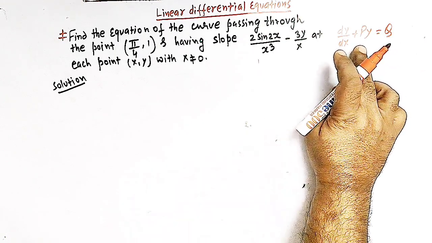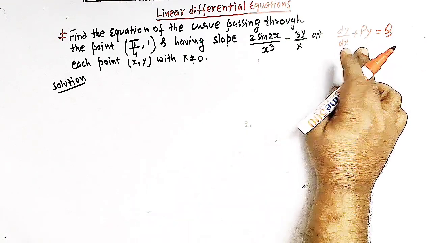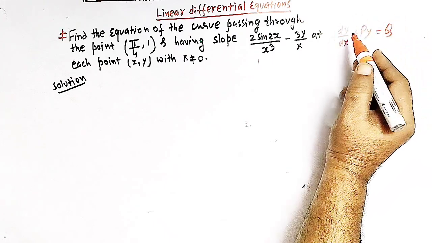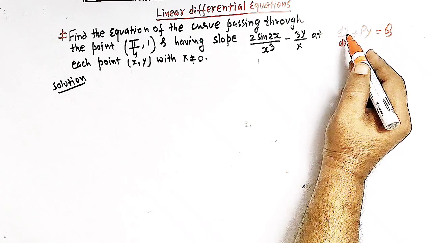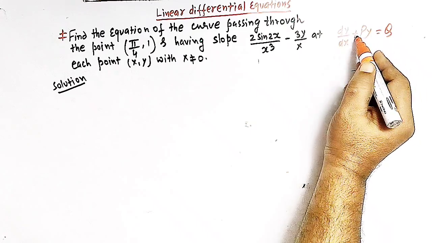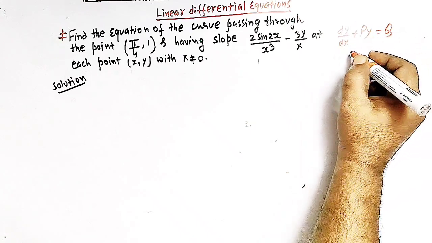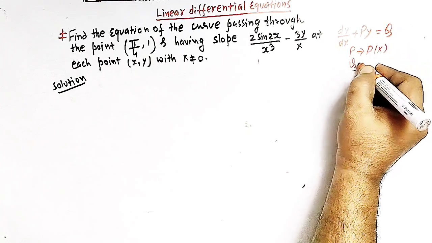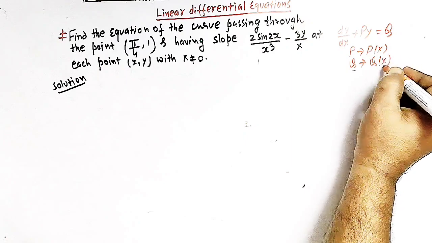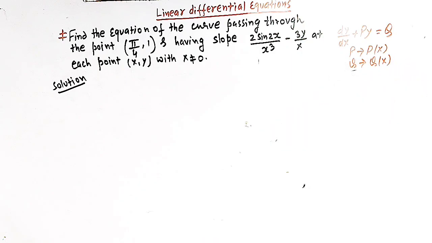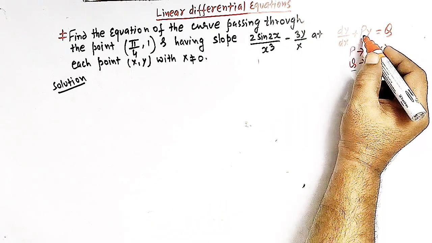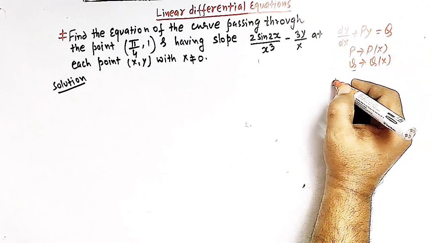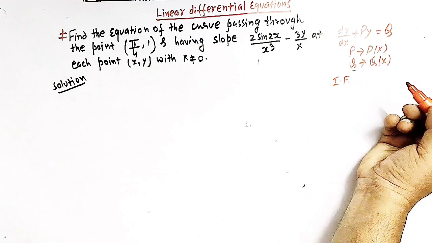So we have already discussed these type of equations, and when we have a linear differential equation of first order and first degree of this form, dy over dx plus py is equal to q, where p and q are functions of x, or p or q may be some constants, then in order to solve these kind of equations, we make use of the concept of integrating factor, right?